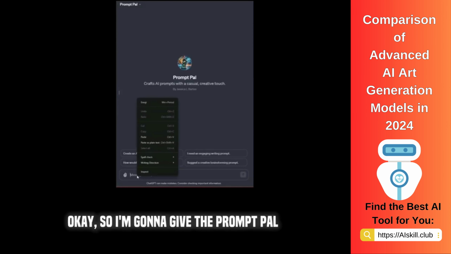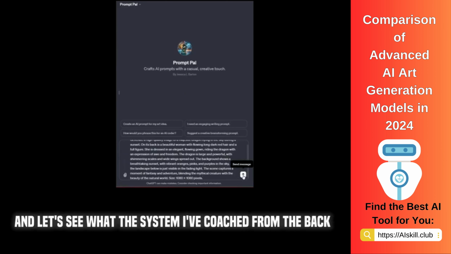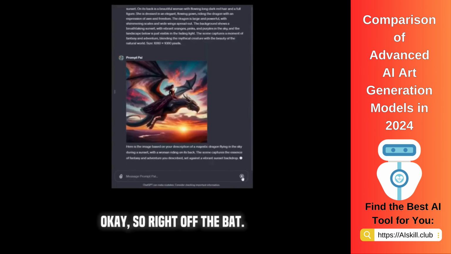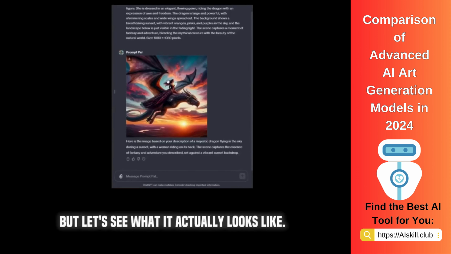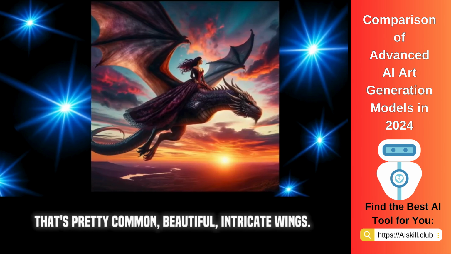Okay, so I'm going to give the Prompt Pal the same prompt here, and let's see what the system I've coached from the back end creates versus the ChatGPT-4 and the DALL-E creations. Okay, so right off the bat, I definitely like the background of this one better, but let's see what it actually looks like. Okay, so you can see still distorted face there. That's pretty common.